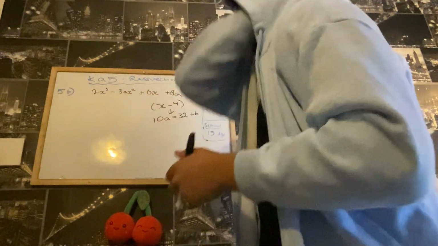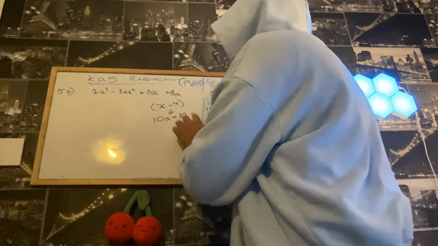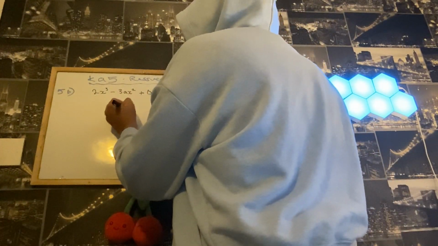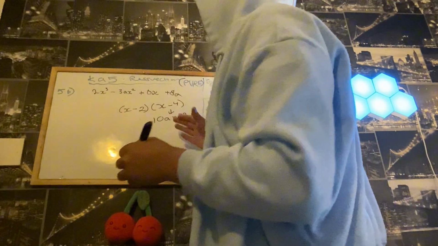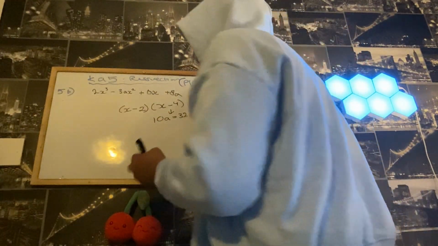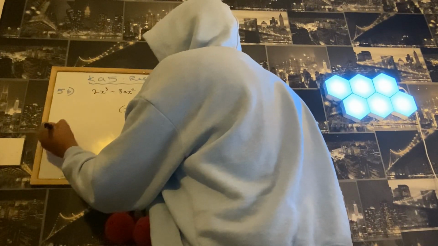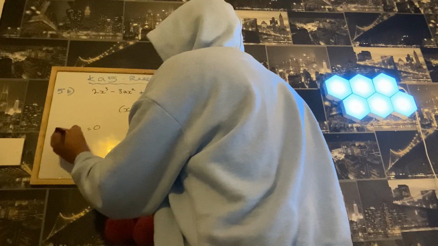But in the next part, on question B, we're also told that x minus 2 is also a factor. So in this kind of scenario, we do the same thing. x minus 2 equals 0, x equals 2.